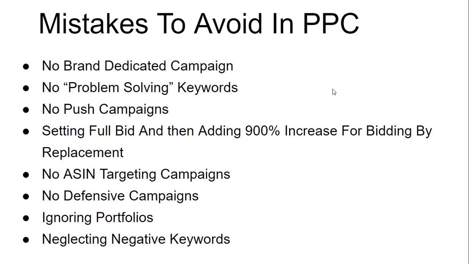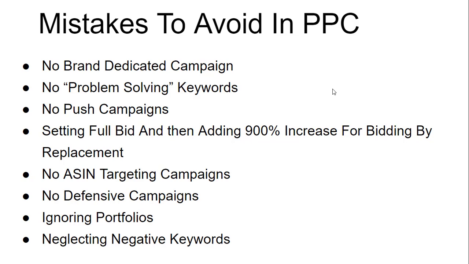Once a customer clicks on your product, he will see only your products in the suggested products. This way no other product will get sales from your product pages. So please make sure to run defensive campaigns as well. Moving on to the next point.